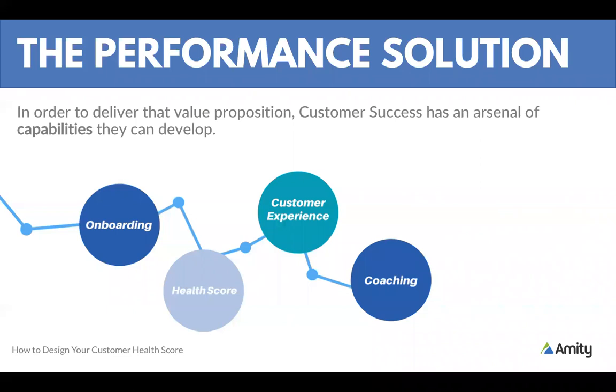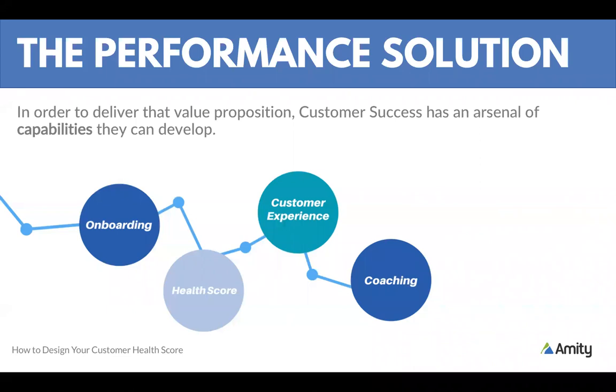And to double click on that, make it a little more operational, the way you can think about this is that your customer success organization is a portfolio of capabilities that go into delivering your value proposition. The universe of possible customer success capabilities is really large, but it'll look something like onboarding, health score, customer experience management, customer coaching, training, maybe a domain area expertise.